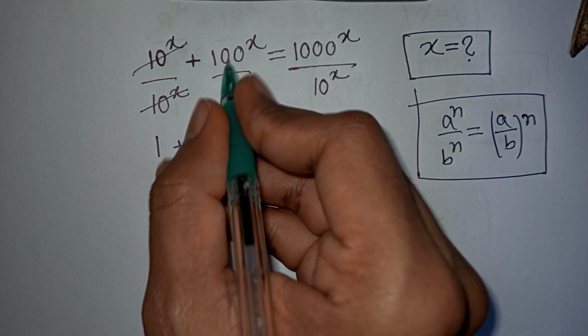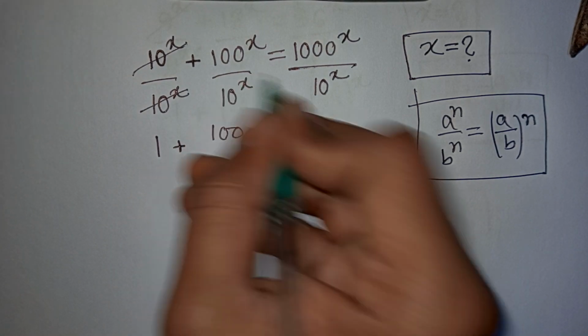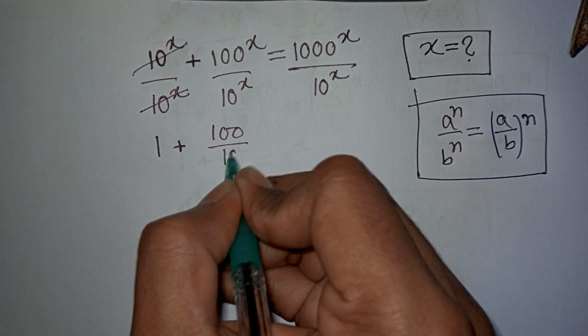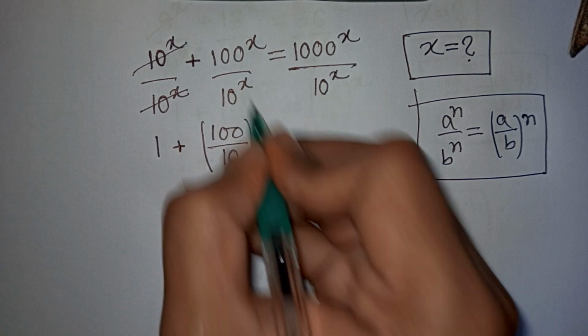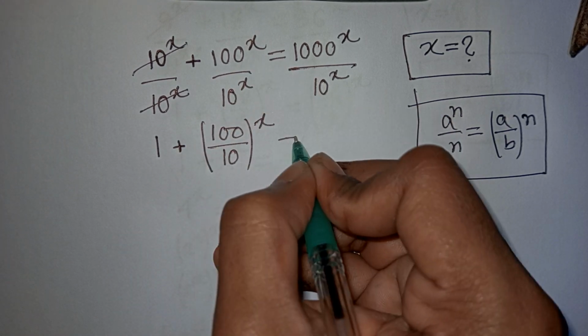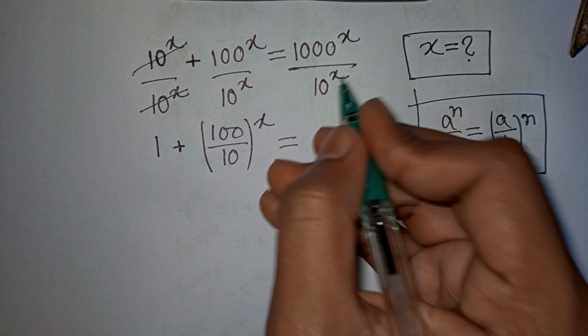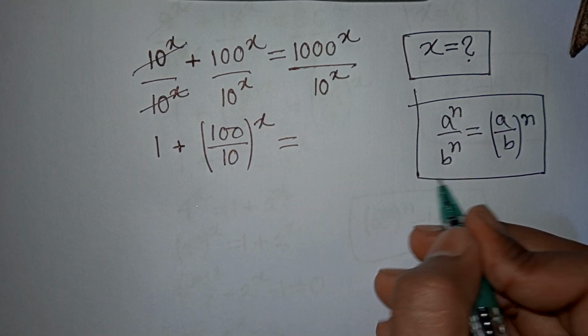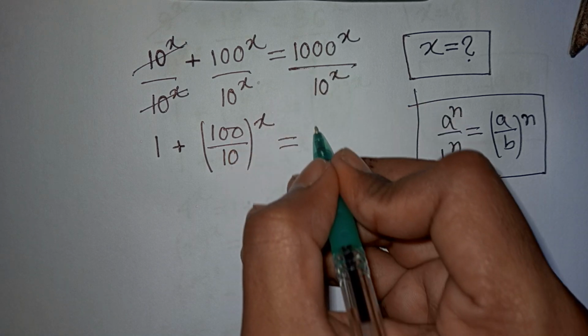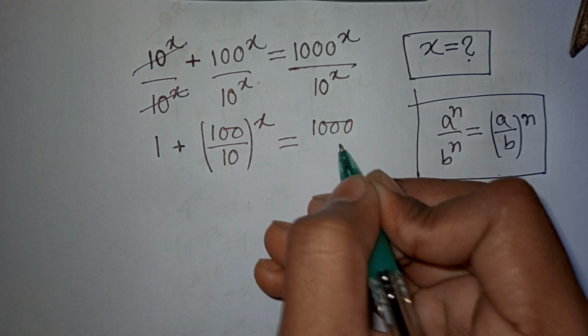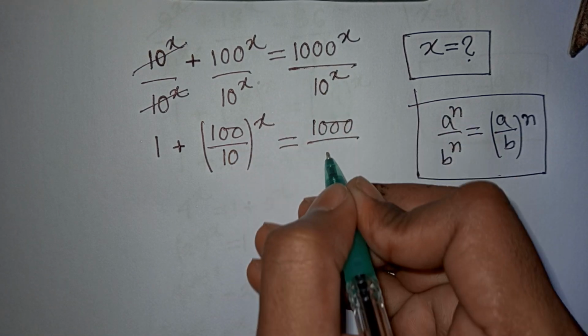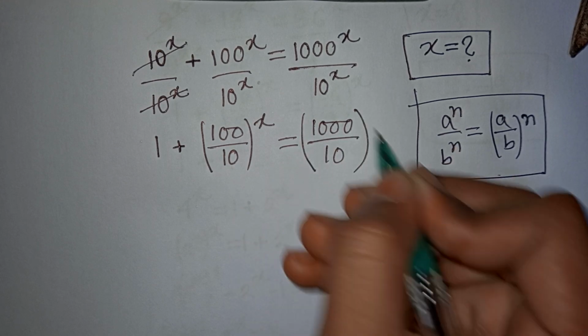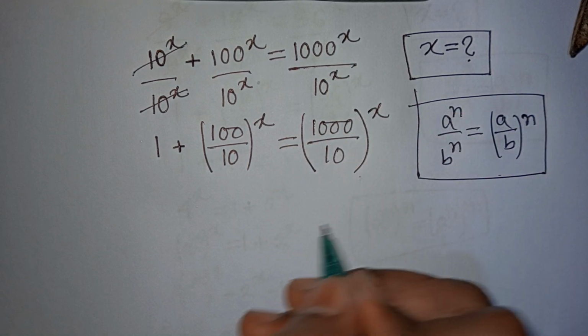According to this formula, it will be (100/10)^x is equal to the same power but different bases, so we apply this formula: (1000/10)^x.